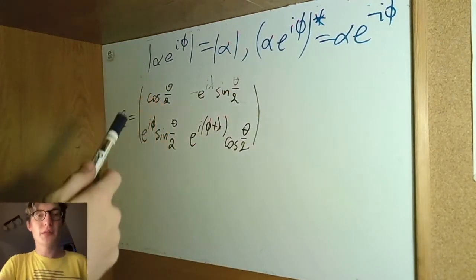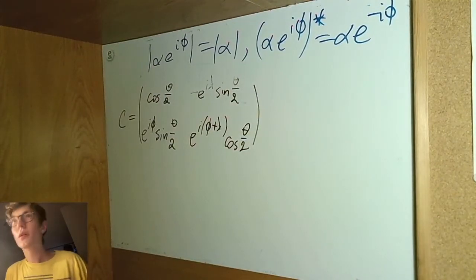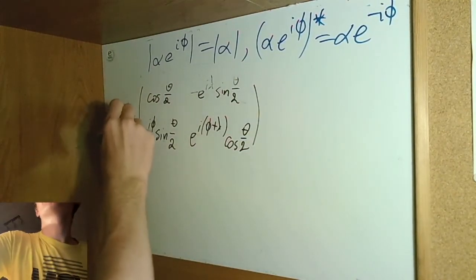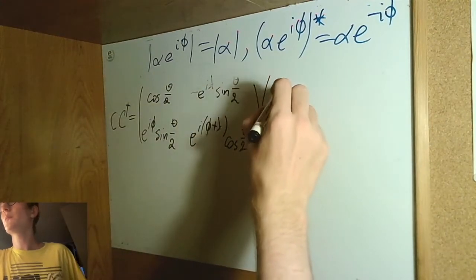Namely, alpha is the absolute value and phi is the argument of this number. So we can compute this product to check whether it's a unit matrix or not.